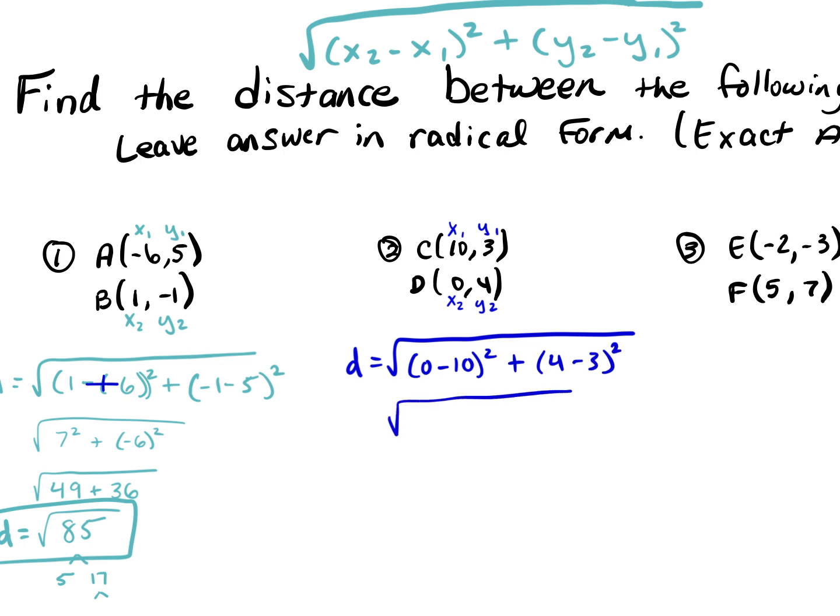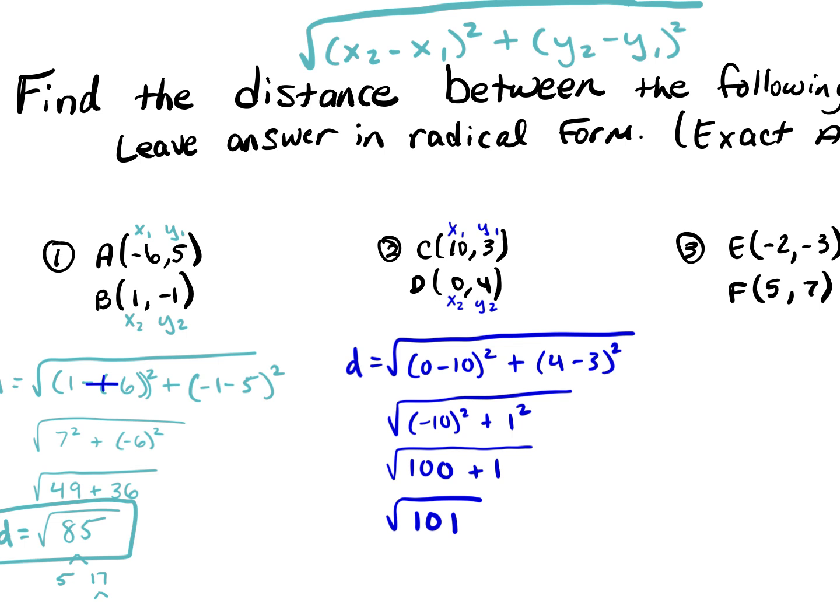What's 0 minus 10? Negative 10 squared, plus what's 4 minus 3? 1 squared. What's negative 10 squared? 100. And what's 1 squared? 1. So this would be the square root of 101.